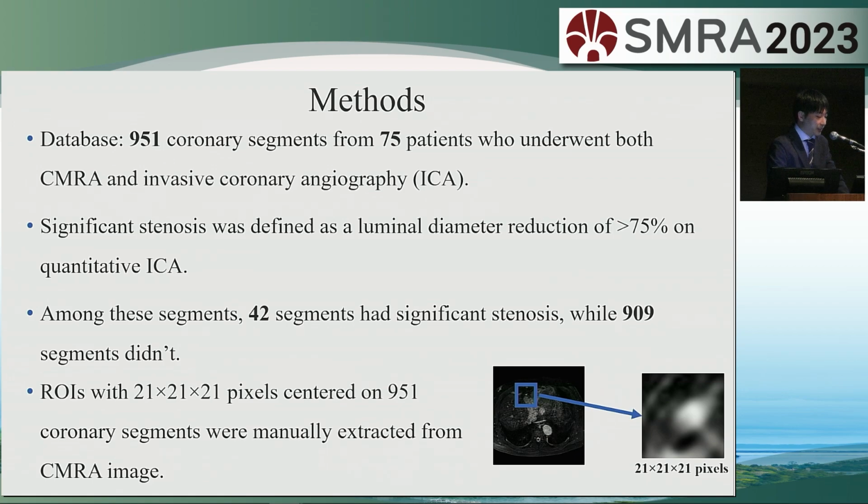Significant stenosis was defined as a luminal diameter reduction of more than 75% on quantitative invasive coronary angiography. Among these segments, 42 segments had significant stenosis, while 909 segments didn't. Rows with 21 by 21 by 21 pixels centered on the 951 coronary segments were manually extracted from the coronary MRA image.